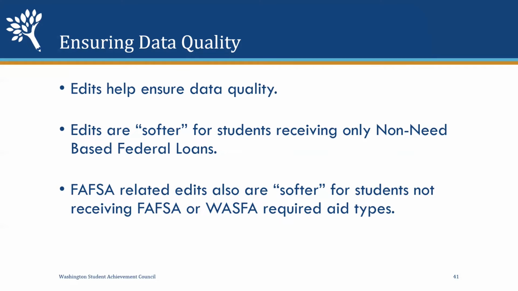And if a student is receiving only non-need-based federal loans, for example, there may not be as many non-overridable edits. So we call those a little softer. FAFSA-related edits are also softer for students not receiving FAFSA or WSAC required aid types. Our goal is to really address those errors that affect the report and the quality of what we're reporting.